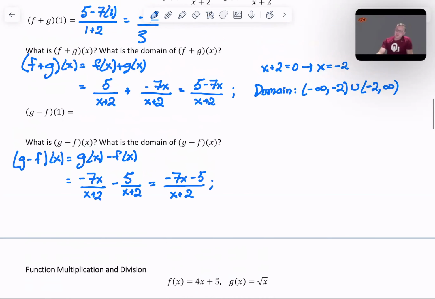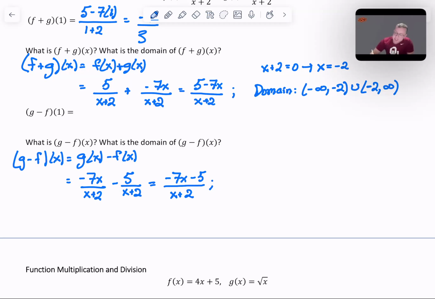Now let's go for the domain. Do you think it has the same domain as the first one or not? So it's a trick question. It actually does. And why? Because the denominator is still the same. We still have the same denominator of x plus 2. And when does that equal 0? Still when x equals minus 2.